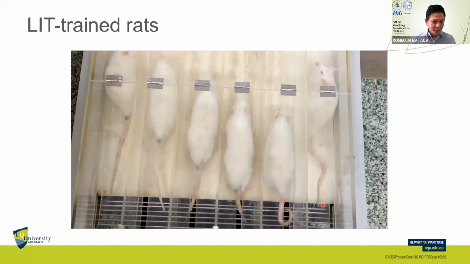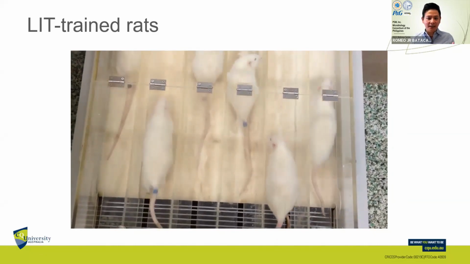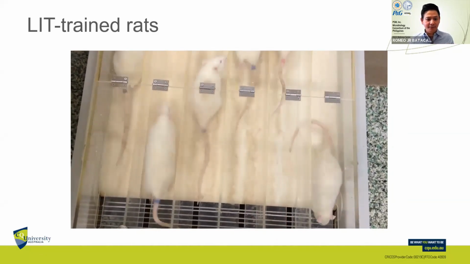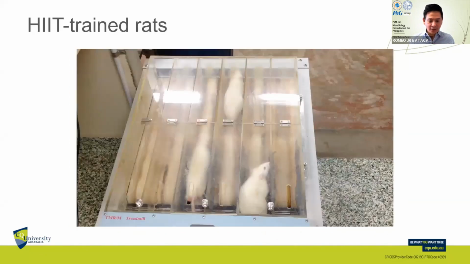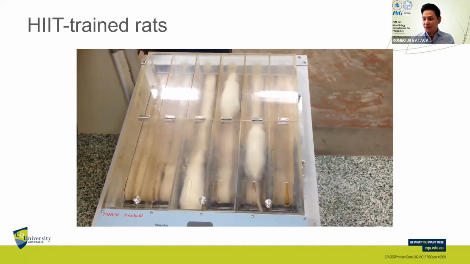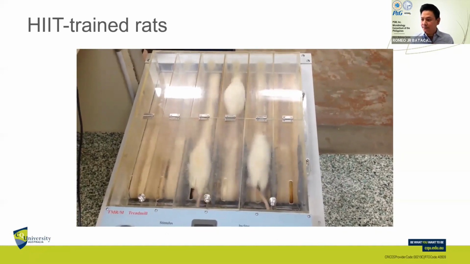I don't think I can play the video. Anyway, that's how light intensity trained rats were exercising. And then just to give you an idea of the high intensity training, this is how fast the rats were training on the treadmill.